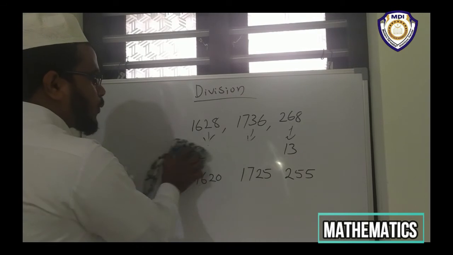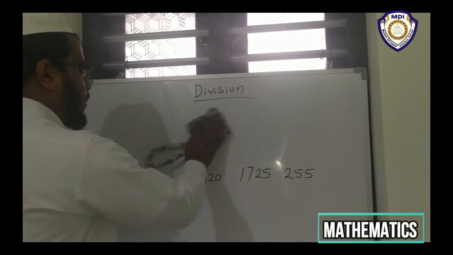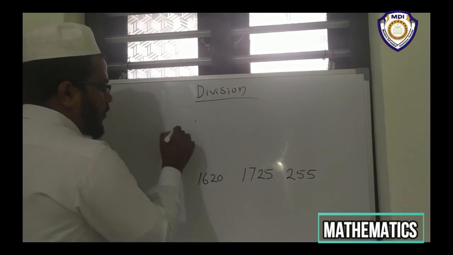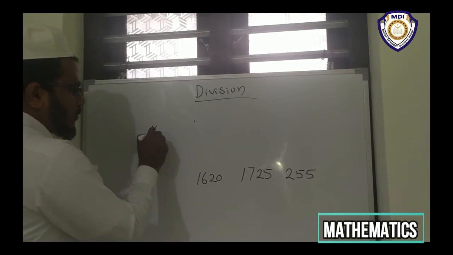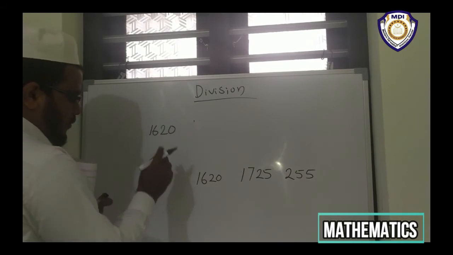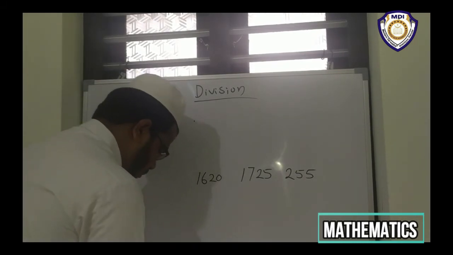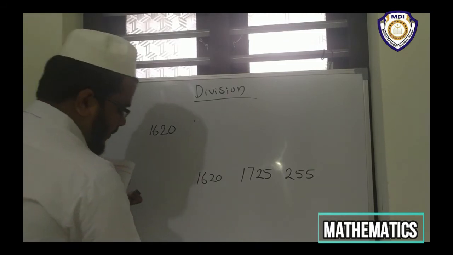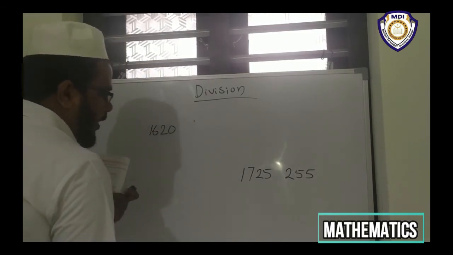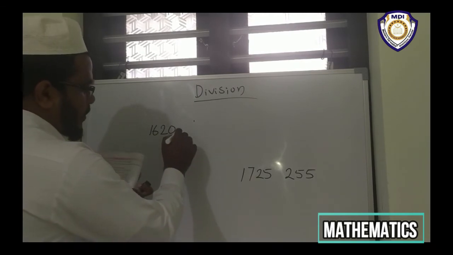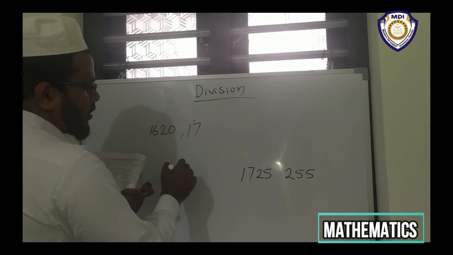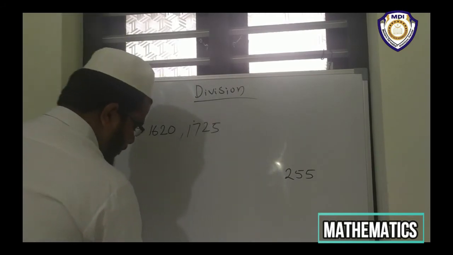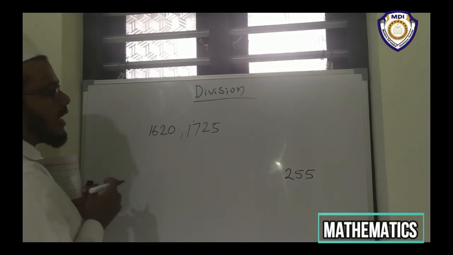First we can select 1620 and 1725. We take the first 2 numbers.